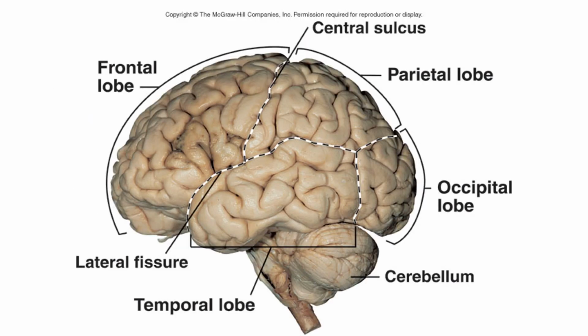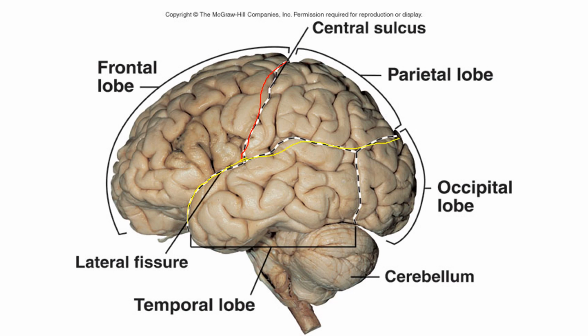Okay? Okay, so in your brain, there are also what you call margins or sulci. So for the separation of the frontal lobe and your parietal lobe, you have what you call your central sulcus here. Okay? But for the separation of the frontal, parietal, and your temporal and occipital lobes, from the superior to the posterior parts of the brain, you have here what you call your lateral fissure.